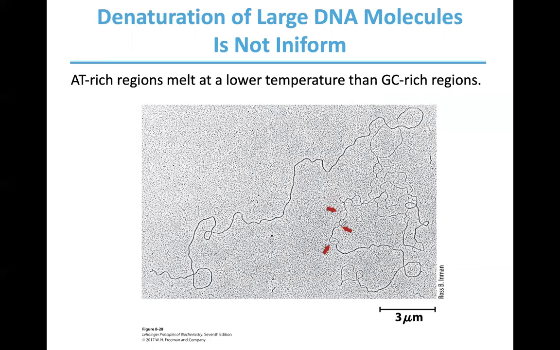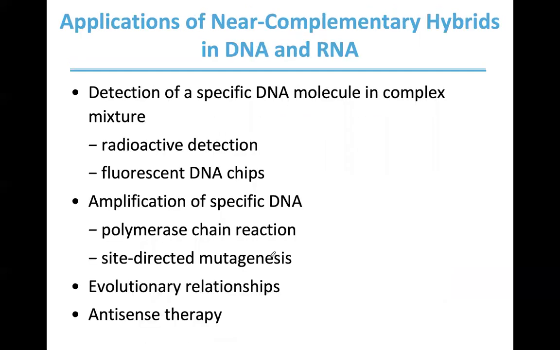These red arrows tell us that these parts of the DNA are rich in AT base pairs, and you can see there's strand separation in these parts. There are 2 strands coming apart, 2 strands coming apart. So it's kind of loops, right? These loops are AT rich. Just an experimental verification of our hypothesis.